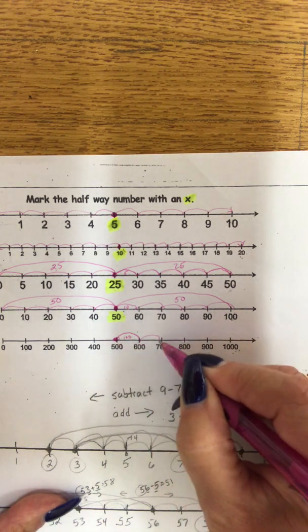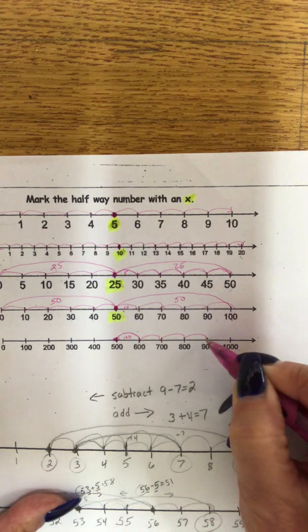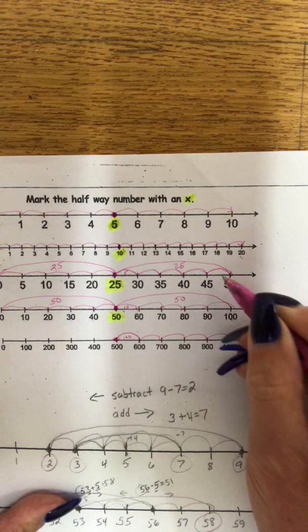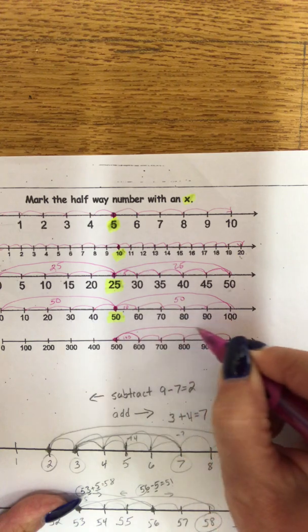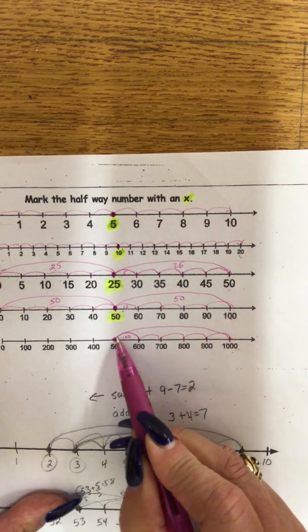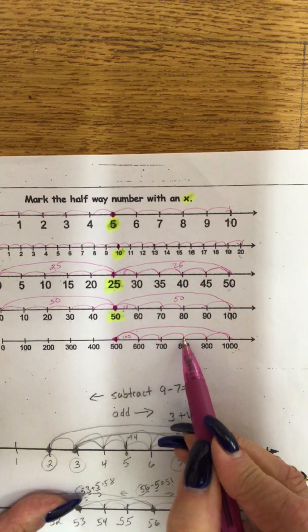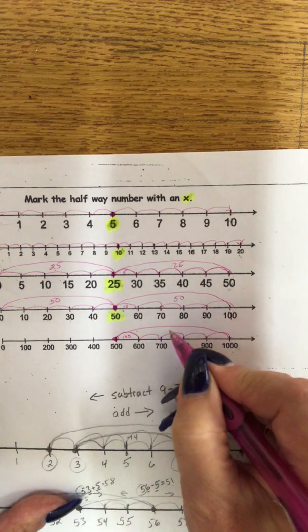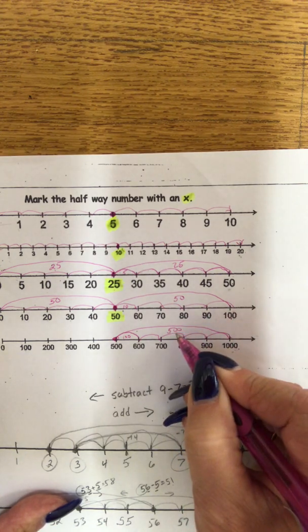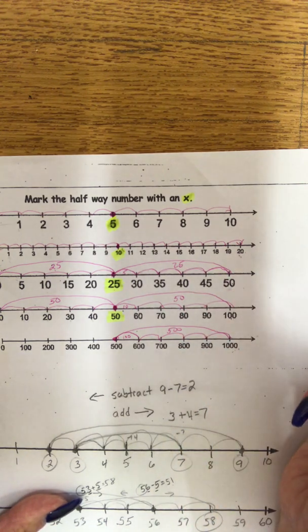1, 2, 3, 4, 5. 5 hops, but traveling a total distance of 100, 200, 300, 400, 500. Much greater than these numbers here.